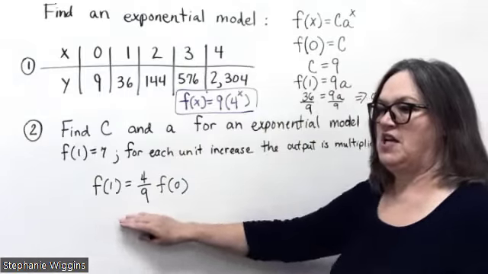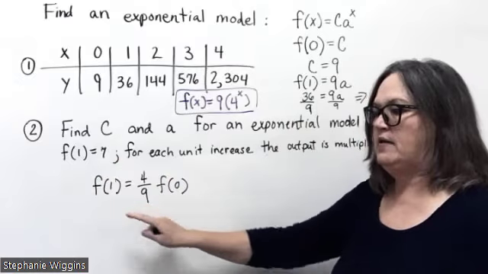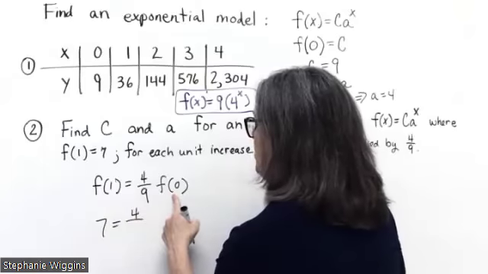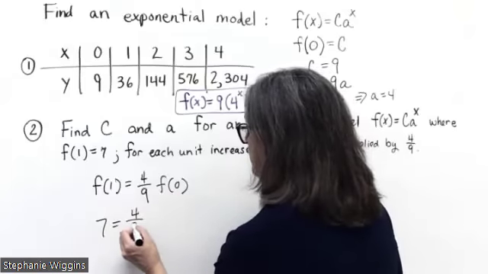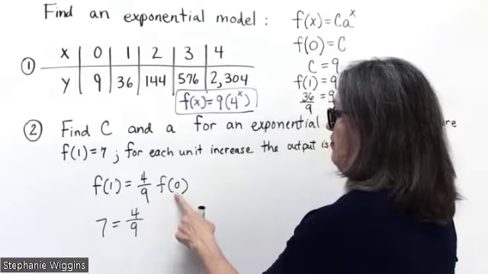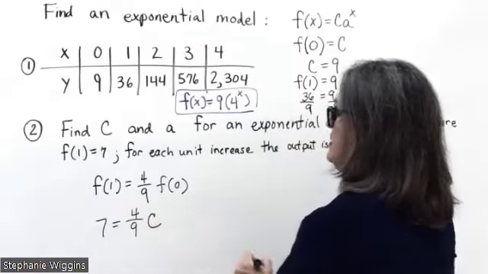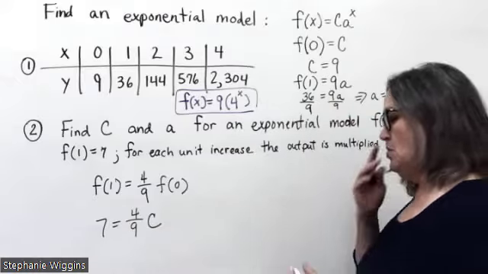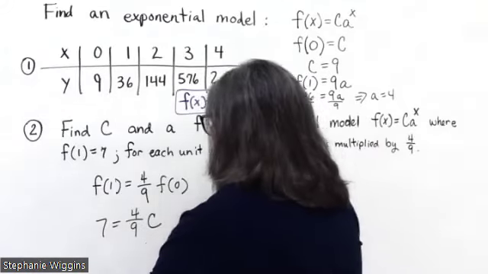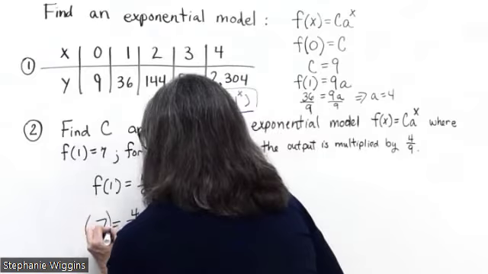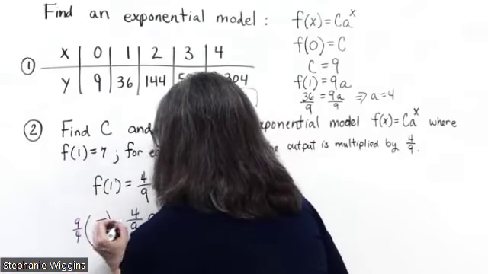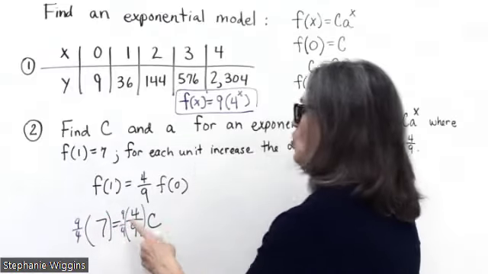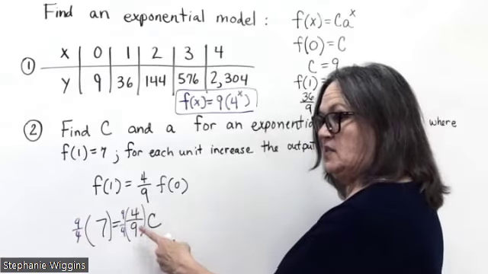Now I have an equation here. I know f of 1 is 7, and I don't know f of 0, which is c, by the way. So I'm looking for f of 0, and that is c. So I just need to solve this by multiplying both sides of the equation by 9/4. And of course, 9/4 times 4/9 is 1.